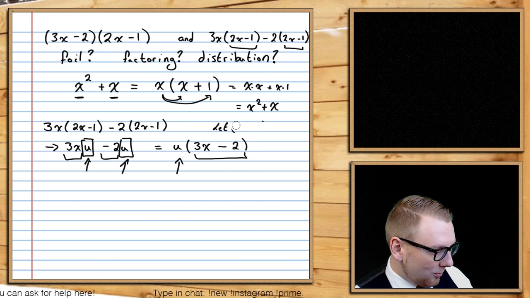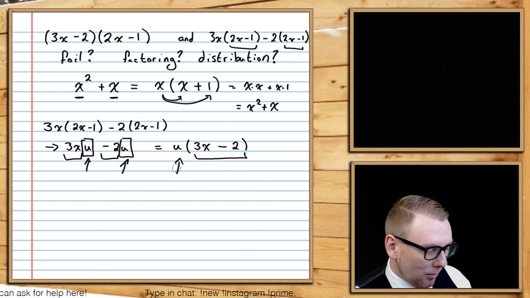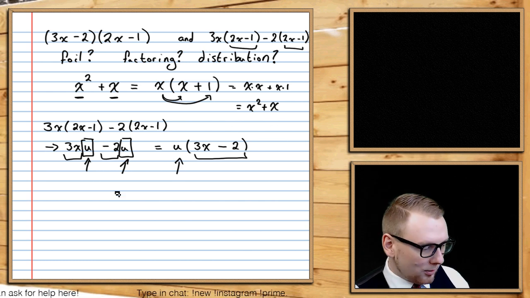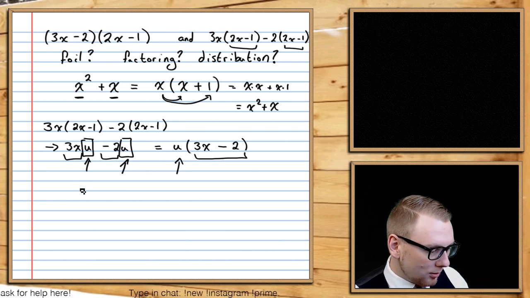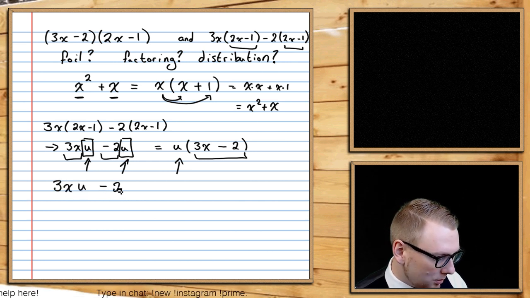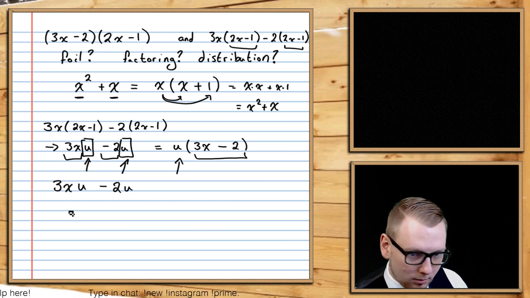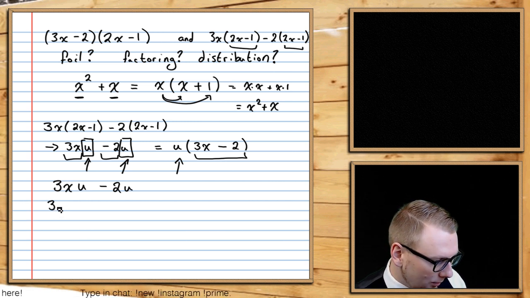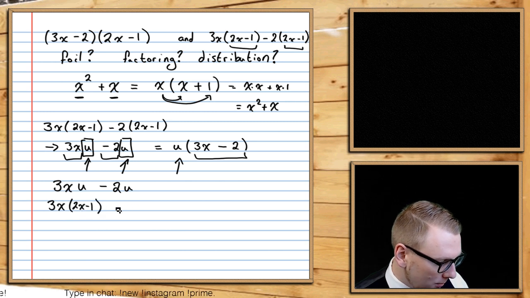So I'm going to erase this again. What do you see that's different between my question and your question? Because in my question, I just wrote 3x times u minus 2u. In your question, we have 3x times 2x minus 1 minus 2 times 2x minus 1.